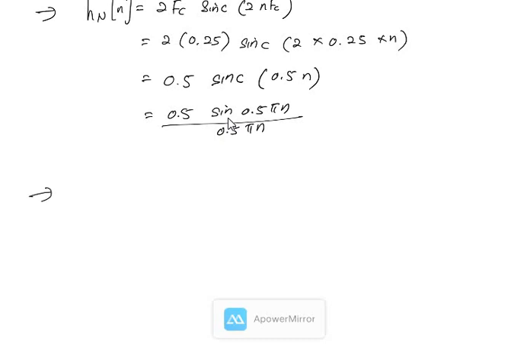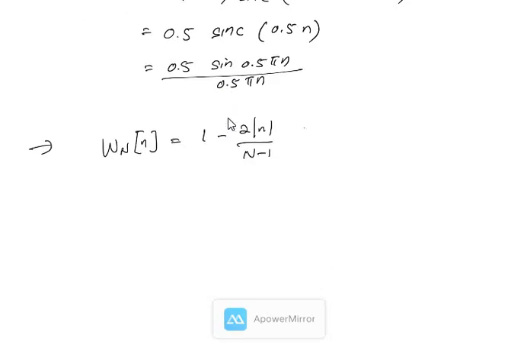So from the table, the Bartlett window gives w[n] equal to 1 minus 2 modulus n divided by N minus 1, for negative 0.5 (N minus 1) to 0.5 (N minus 1).